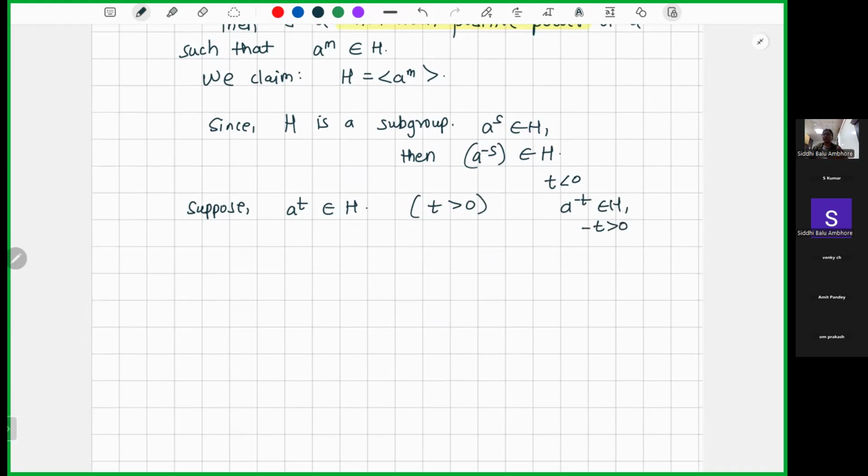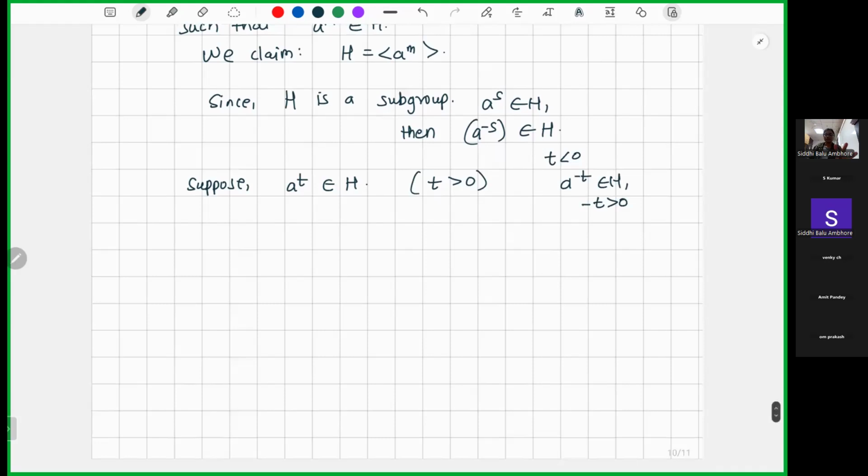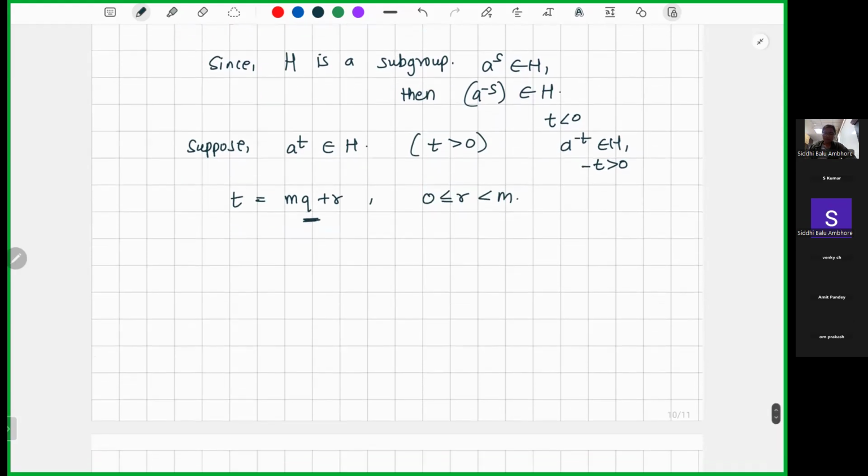So without loss of generality, we can assume T is positive. So A power T is in H. Then we can write T in this form: MQ plus R, where 0 is less than or equal to R, strictly less than M. We are just doing division of T by M, with quotient Q.